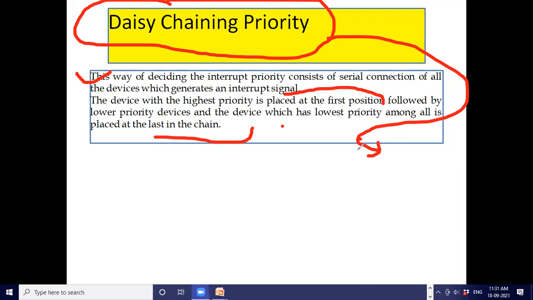Just keyboard is pressing and then mouse. So these are higher priority or lower priority. You go and check the last class, then you'll find it. That time also I told you that these are very important things. So with daisy chain, we try to organize these devices with respect to the priority level.